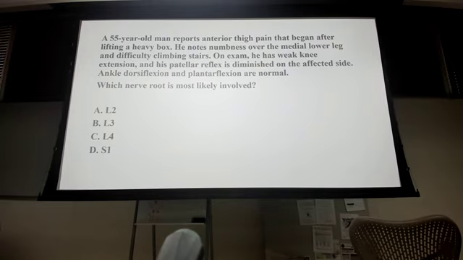The question is trying to throw you off, because I keep harping on the fact that diminished is not the same thing as absent. There are different grades. 2+ is normal, so just because it's diminished doesn't mean that's the primary nerve root involved.